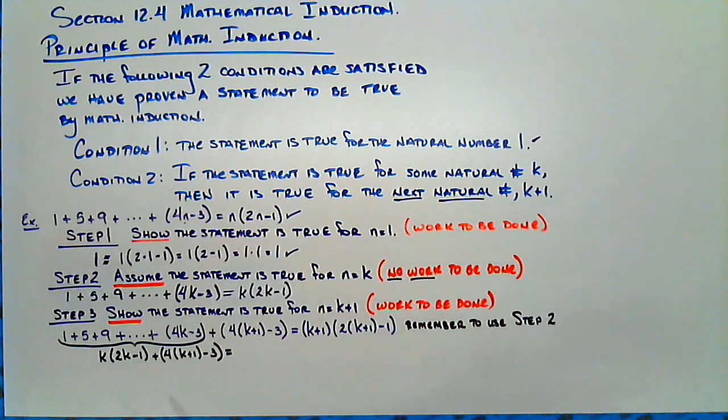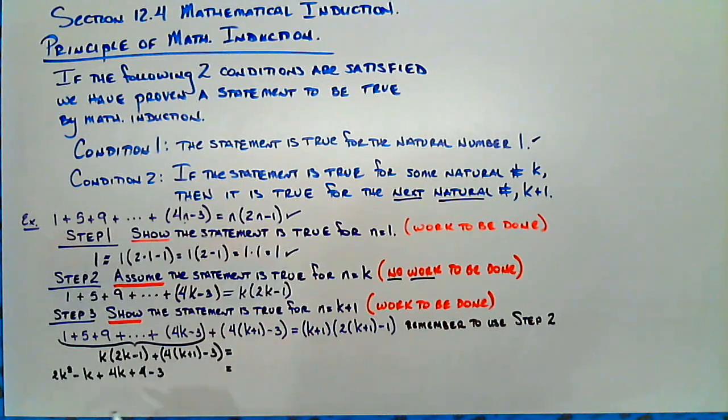What happens if we multiply these out, collect like terms, right? What's k times 2k? Well, that's going to be 2k squared. What's k times negative 1? That's minus k. Plus 4 times k is 4k. 4 times 1 is 4, and don't lose this minus 3 right here.